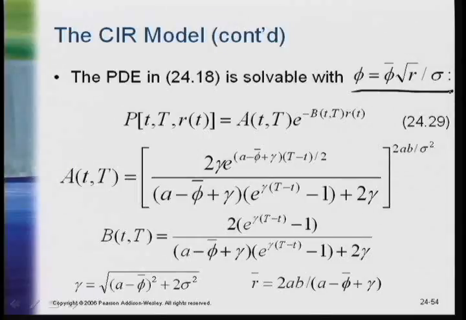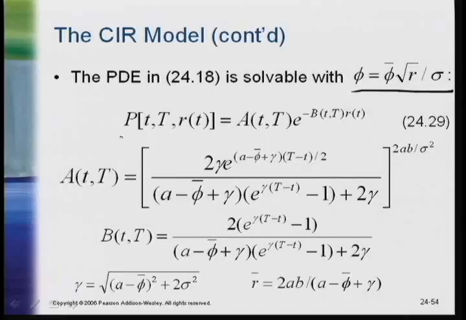So here, we're allowing the Sharpe ratio to be proportional to square root of r, and one might argue that this is a natural expectation that as interest rates get high, investors are potentially taking more risk, and they should require extra return per unit of risk. But in any event, this differential equation can be solved for this assumption on the Sharpe ratio.